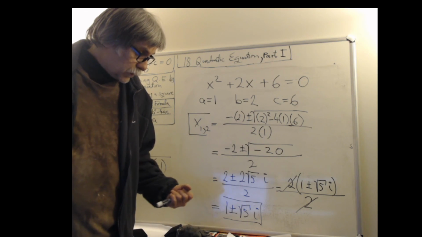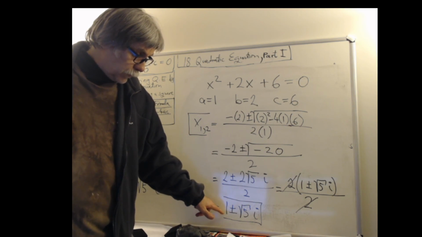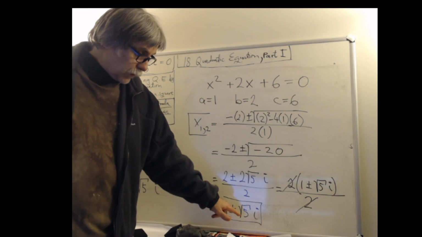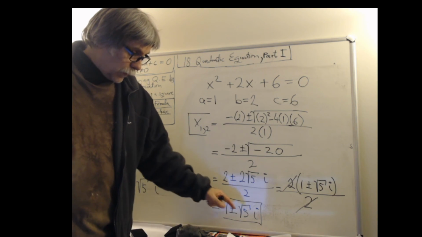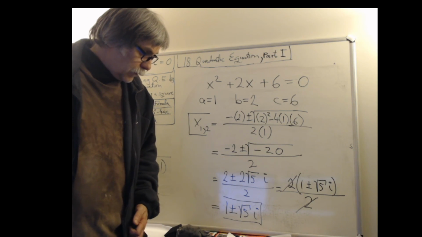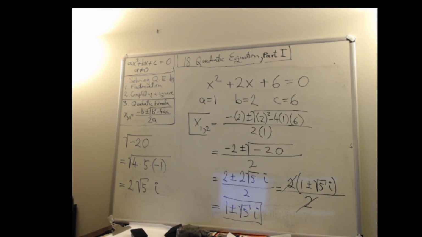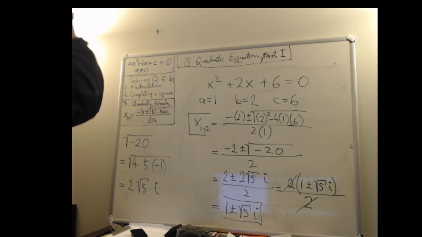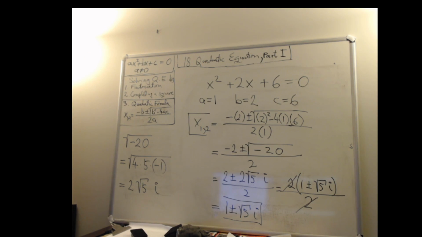The second complex number is for minus: the real part is 1, imaginary part is negative radical 5. That's what it is. It's not a nice number. It involves complex unit i and it involves irrational number radical 5, but that's the best you can get.